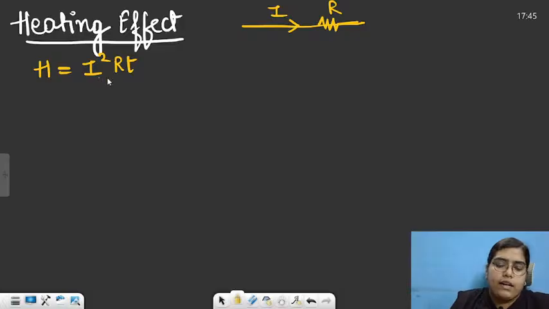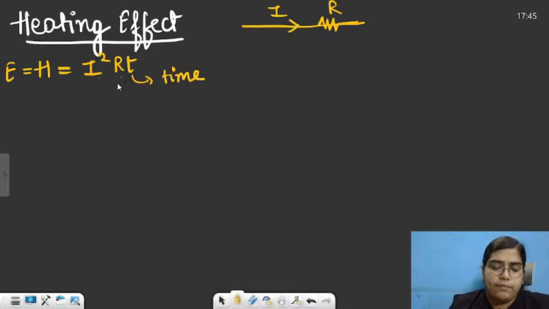I was the current, R was the resistance, and T was the time for which current is allowed to flow through the wire. This equation was given by Joule and is called Joule's law of heating. So for calculating the energy, the formula was I square RT.